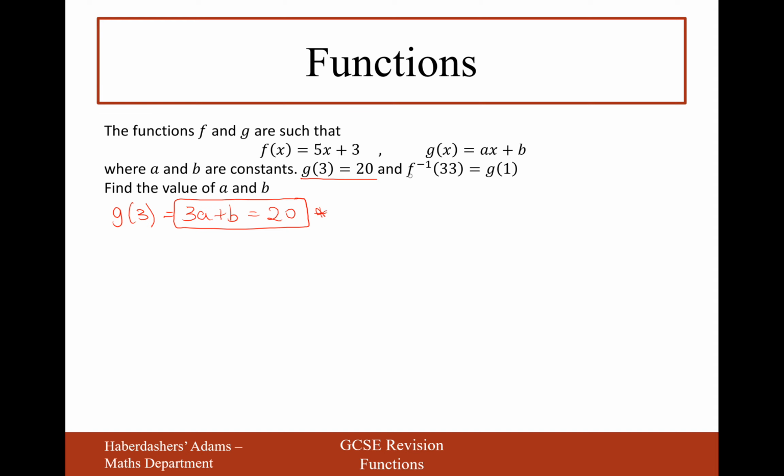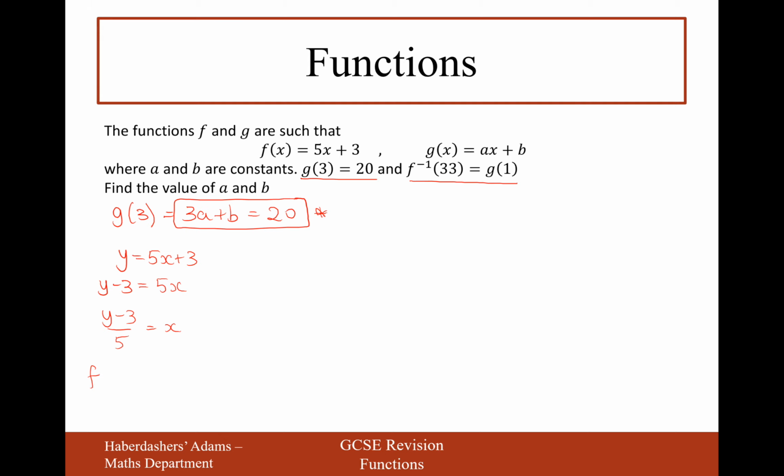Now we're going to do this thing here, and have a look at what this means. I think the best thing to do here will be to make the inverse function for f first. So let's do y equals 5x plus 3. Let's now take away the 3 onto the other side, and divide by 5.